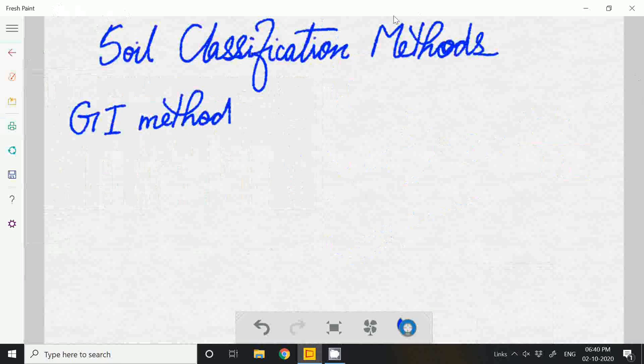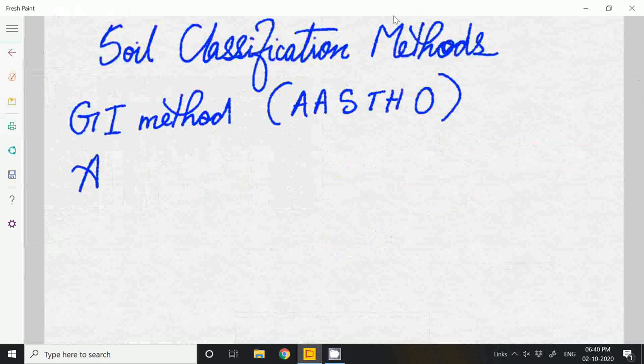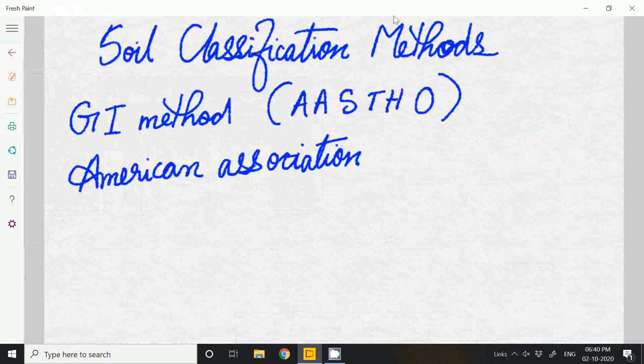And group index method is based on AASHTO classification. What is this AASHTO? It is the American Association of State Highways and Transport Officials.